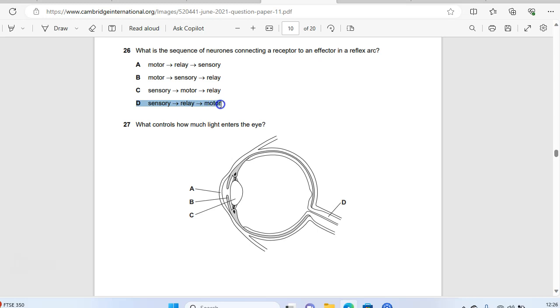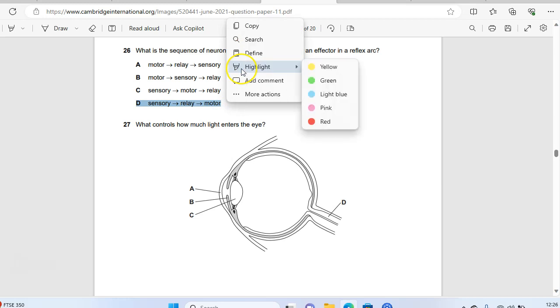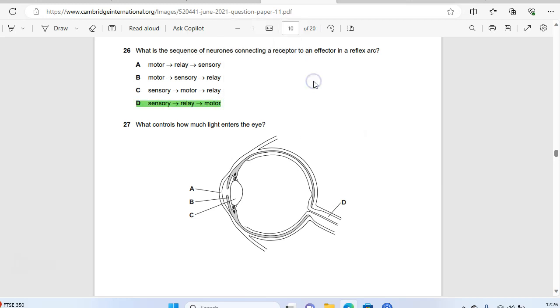And also keep in your mind that the brain is not involved in the reflex arc, because when you put your hand on a hot plate or hot thing, you don't just think to move your hand, you just pull your hand away. Your cognition is not involved, your thinking is not involved, so your brain is not involved in the reflex arc.